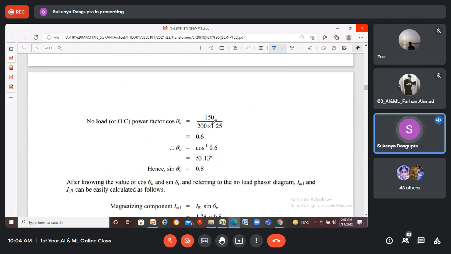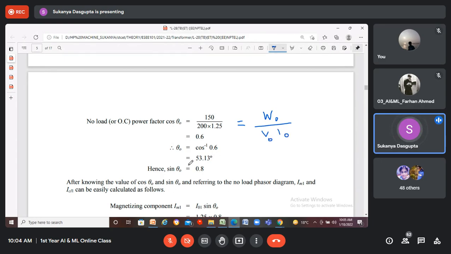So 150 watt divided by what? V0 and I0. This is V0, the input voltage. This is the input current I0. So the no load power factor, cosine theta 0, is W0, the input power, divided by V0 I0.